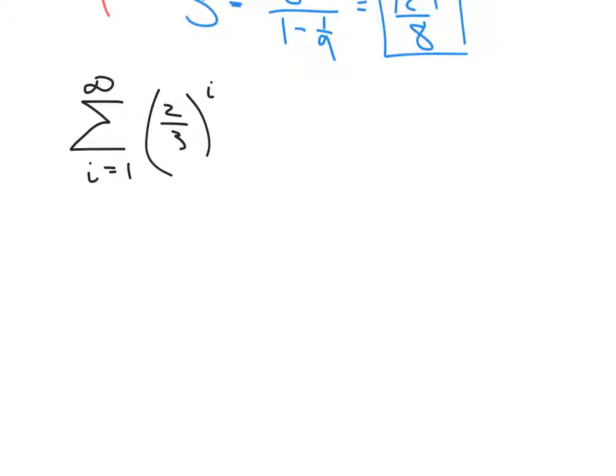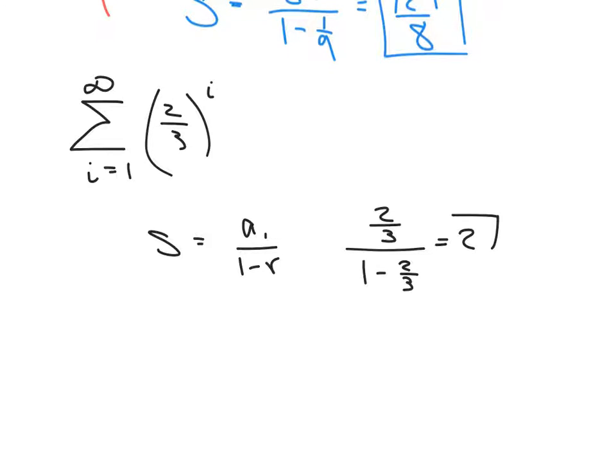My first number is 2/3, so let's go ahead and write our formula here. And the formula is pretty simple. Okay, so 2/3 is my first number, 1 minus my ratio, and that gives me the number 2.